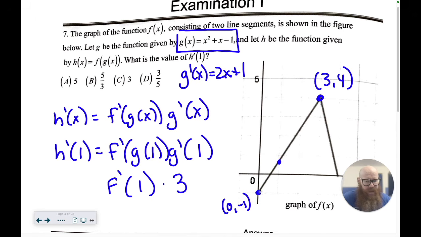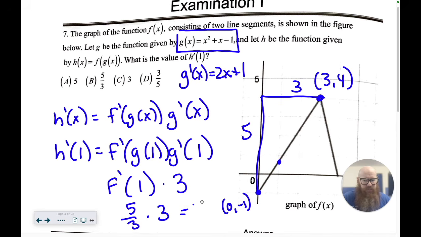Going from negative 1 to 4, I'm going up 5, and I'm running 3 because I'm going from 0 to 3. So the slope is 5 over 3, times 3 gives me 5. So the answer to the problem is 5, which is A.